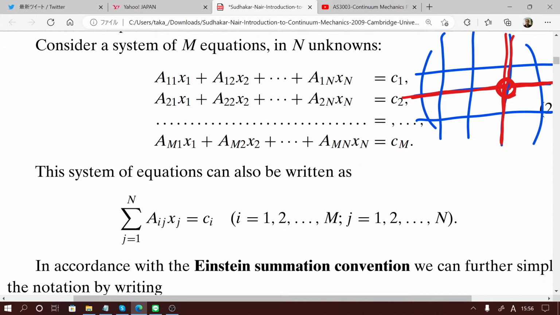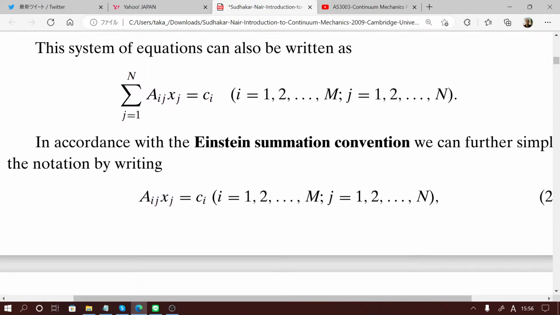So we sum over j from 1 to n, and that is equal to ci. So i goes from 1 to m, j goes from 1 to n.